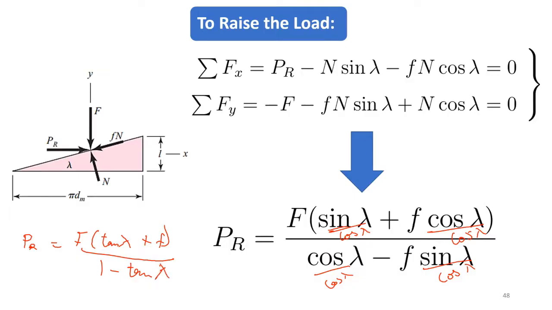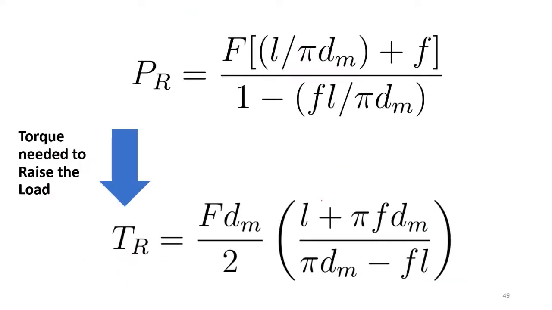So we have that, but we can see from this diagram that tan lambda is equal to L divided by pi dm. So in place of tan lambda here, we put L over pi dm, and that is what gave us this expression over here.